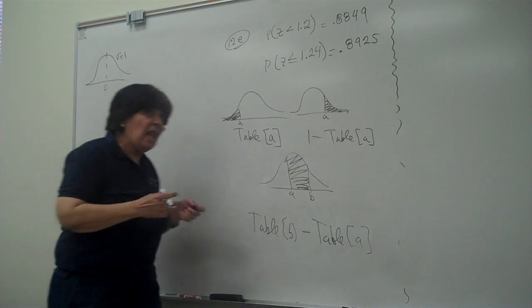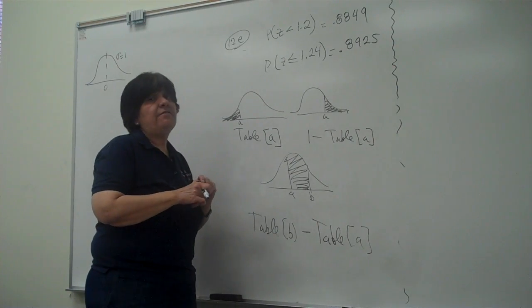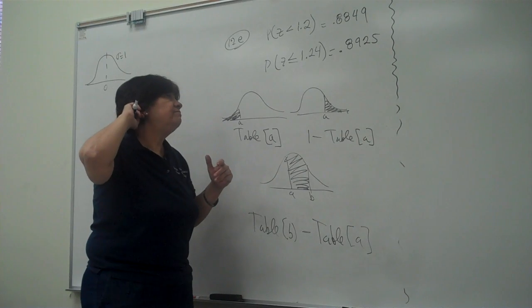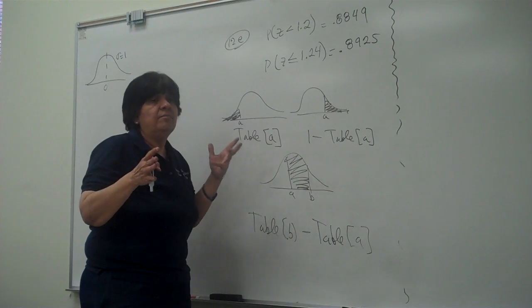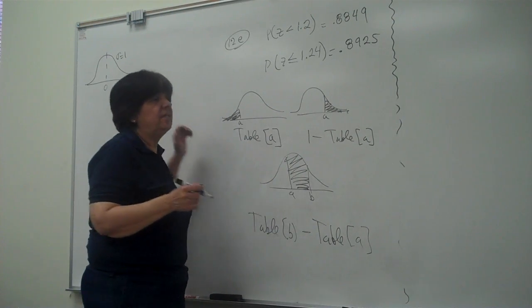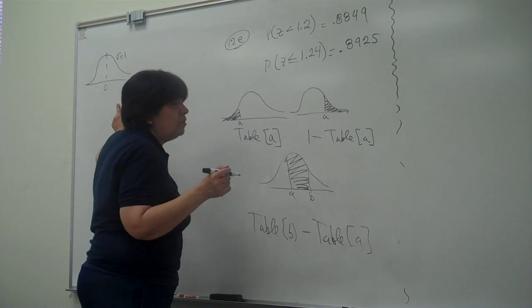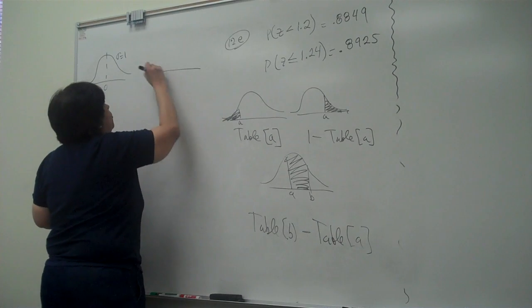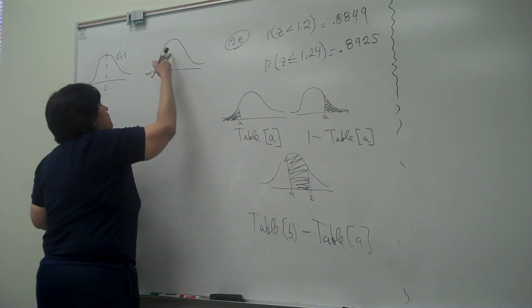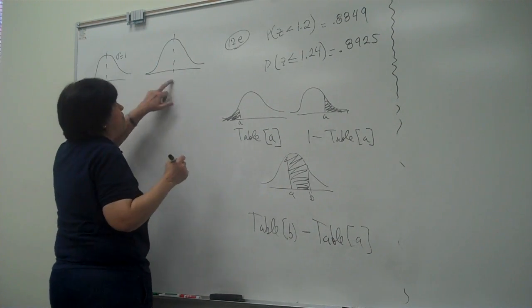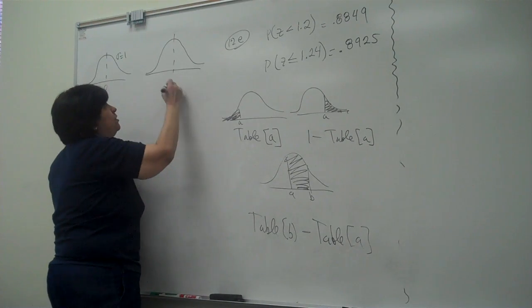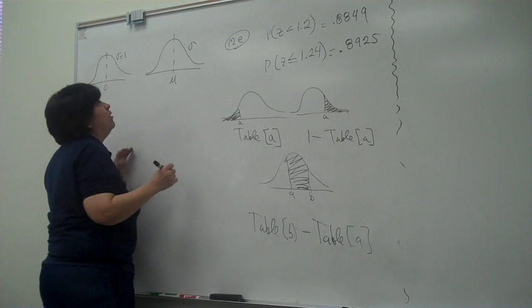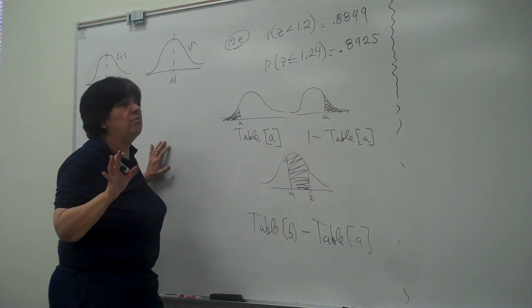However, in real life, we are not going to find any situation where we have a standard normal distribution with the mean equal to 0 and the standard deviation equal to 1. The majority of the time, we are going to find normal distributions with mean equal to mu and sigma equal to sigma, whatever number it is.